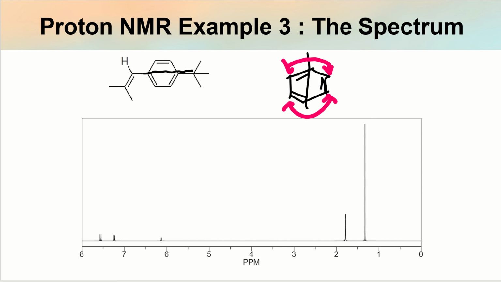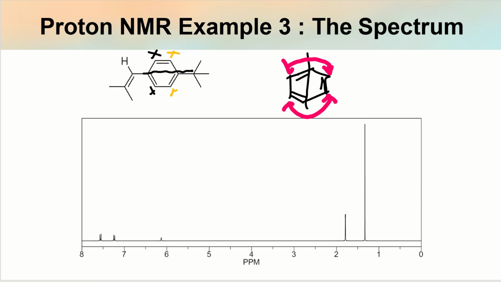So that is literally what we're seeing here. So these protons are equivalent, and these protons are equivalent. That is essentially what we're seeing by virtue of the fact that we have a line of symmetry.